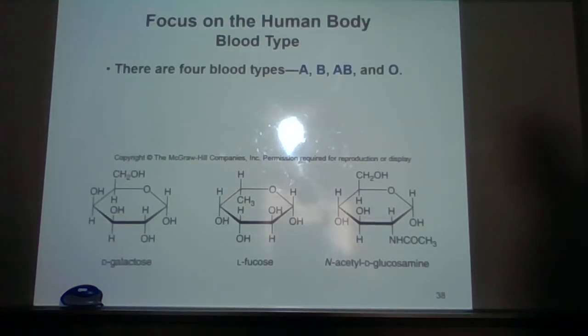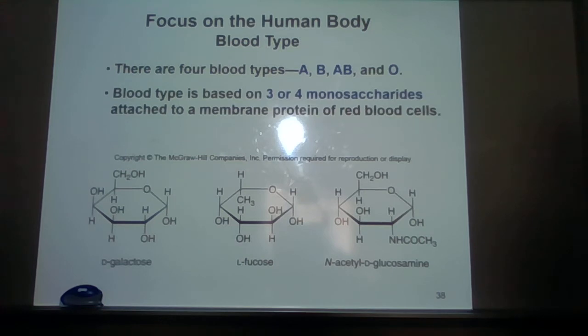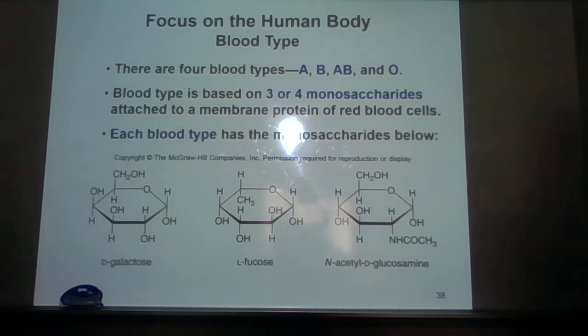Turns out that these carbohydrates are even involved in blood chemistry. There are 4 general blood types: A, B, AB, and O types of blood. A specific blood type is based on 3 or 4 monosaccharides that are attached to a membrane protein of the red blood cells.